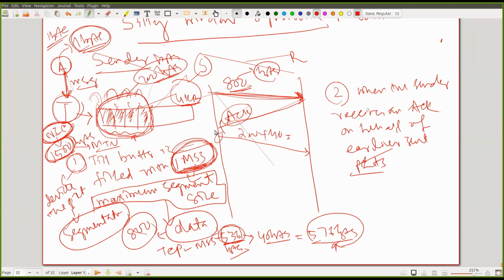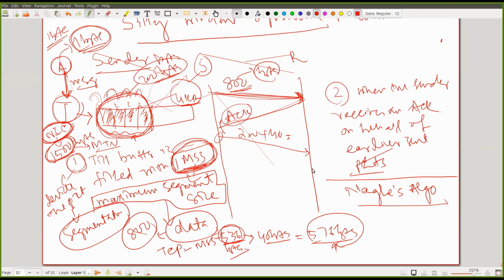These are the two scenarios when my data can be sent to the other end. Otherwise I have to keep the data in the buffer until one of the conditions is met. These two points are part of a well-known, popular algorithm called Nagle's algorithm, if anybody has heard about it. Nagle is the person who found an elegant solution for the silly window syndrome problem that arises from the sender.